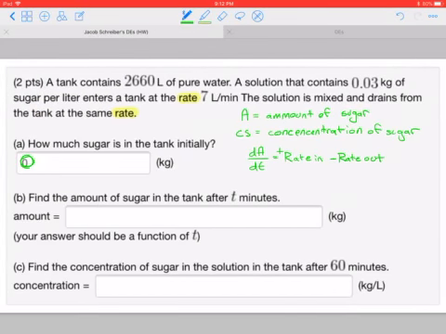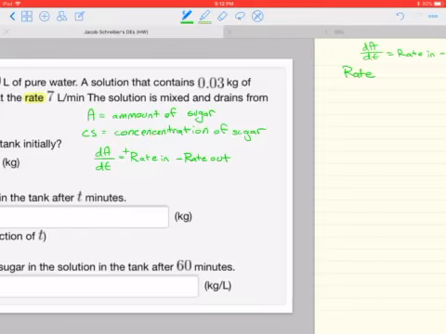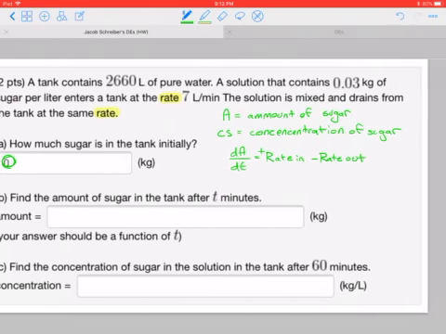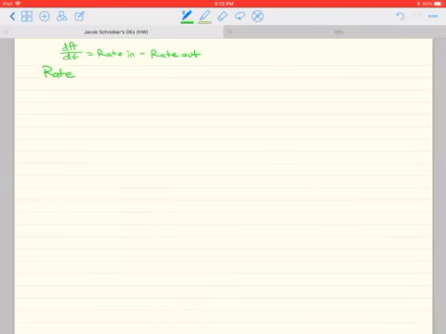All right, so rate in, it's actually stated here somewhat discreetly. We know that this amount per liter, this concentration, we want not in a concentration form, we want amount per minute. So we have 0.03, and that's kilograms per liter.